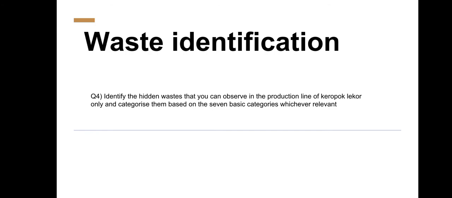Categorize them based on the 7 basic categories, whichever is relevant. If you can find waste in every category, it's good. If not, then whichever is relevant. Just identify whichever you can catch from the videos.